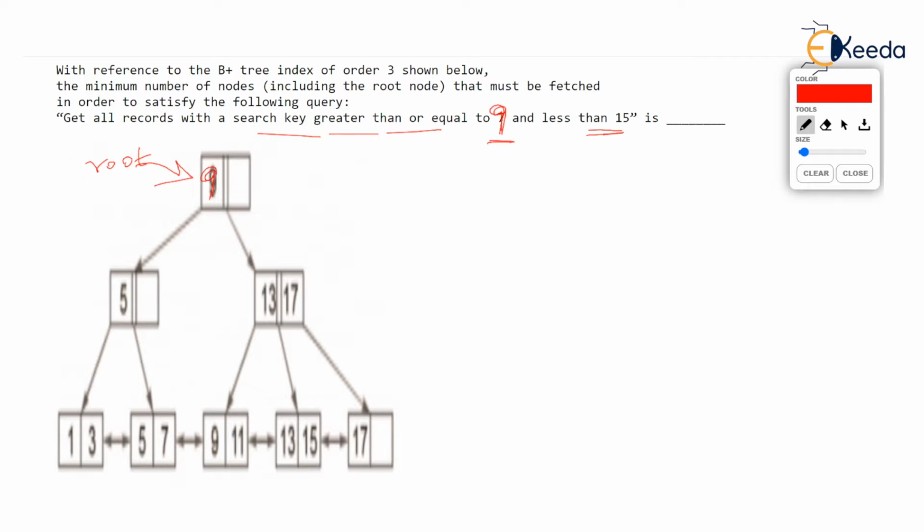When 9 is found in the leaf, we say, okay, 9 is found. Although 9 is found in the root node, we won't terminate our search here saying that 9 is found. Isn't it so? But then at least we know that 9 is present, and it is present right at the root. So one node has been fetched.